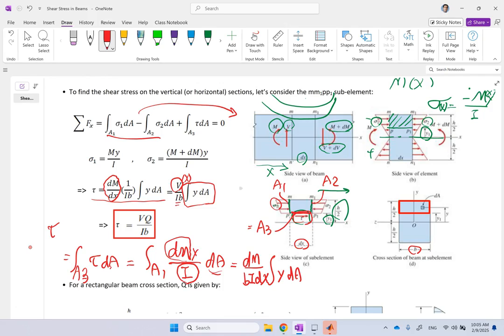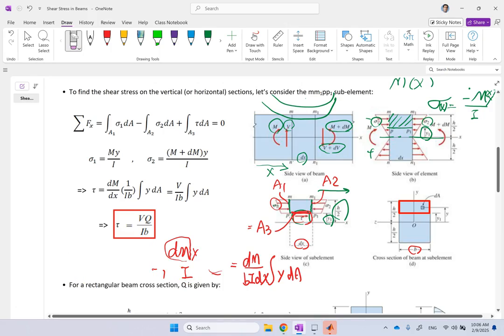If we call this first moment Q, tau is going to be VQ over Ib. So that important formula, tau equals VQ over Ib, is the one we are going to use for rectangular cross sections.